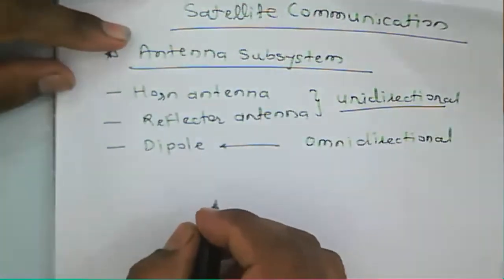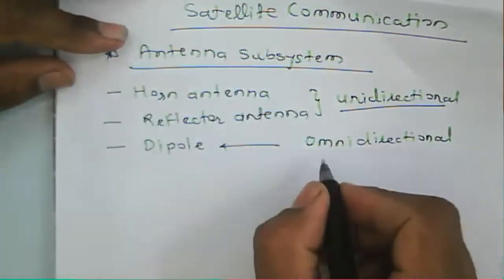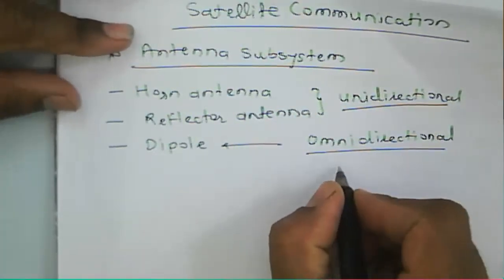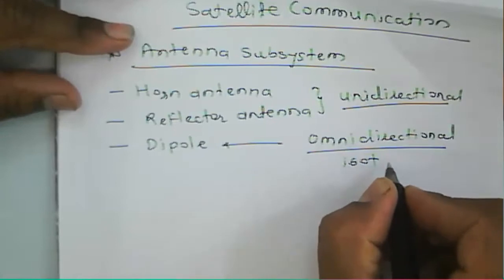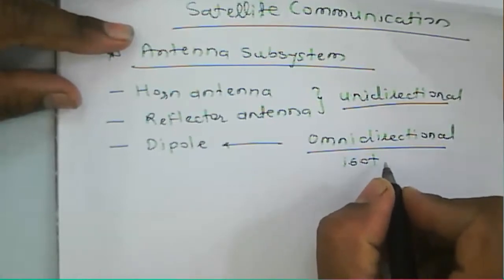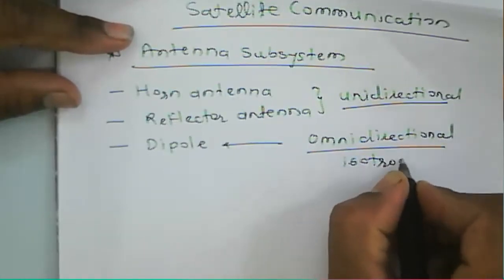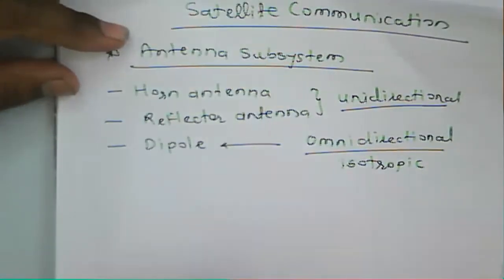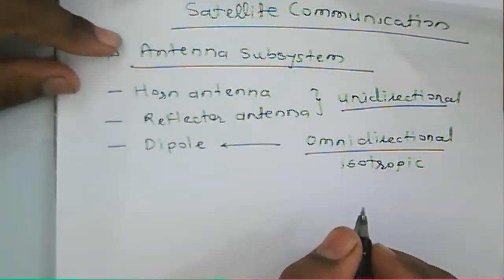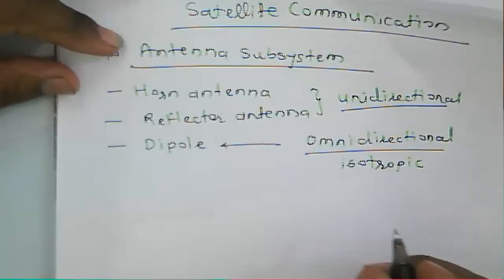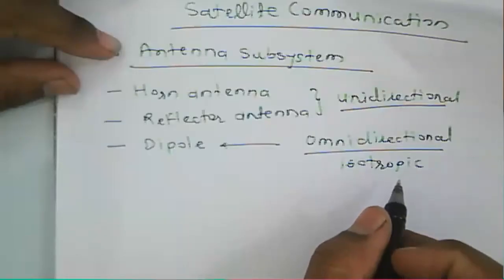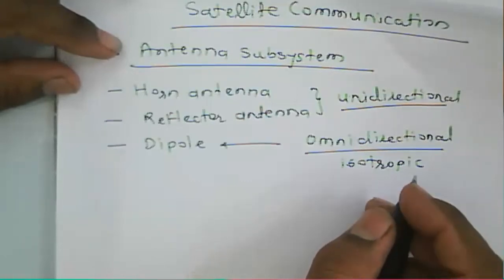Omnidirectional means it is radiating the signal in all directions. That's why sometimes the dipole antenna is also called an isotropic radiator or isotropic radiation antenna. It radiates the signal in all directions. But omnidirectional means what? It is in one plane. It radiates the signal in one plane.